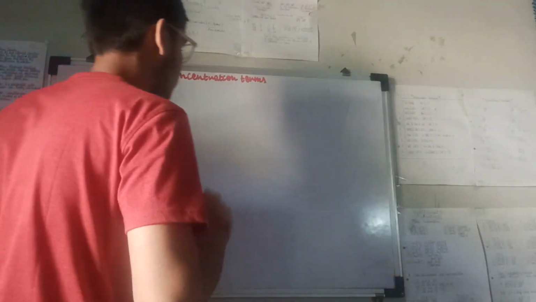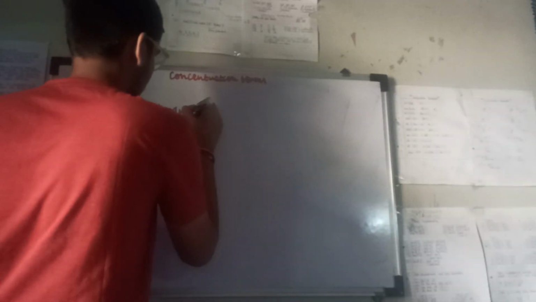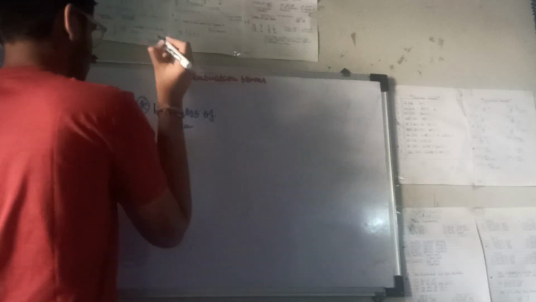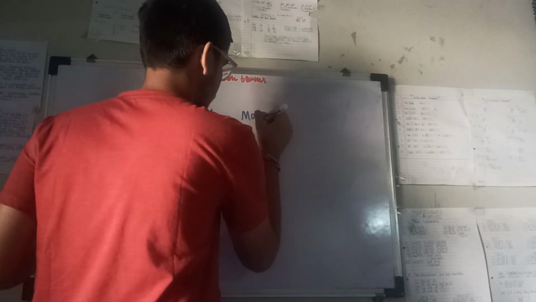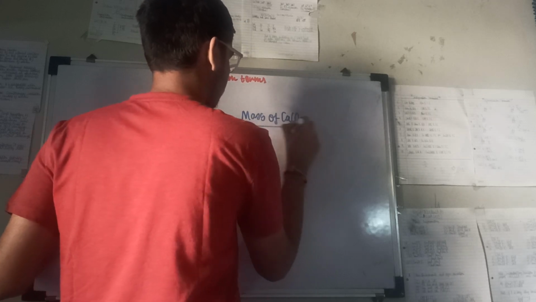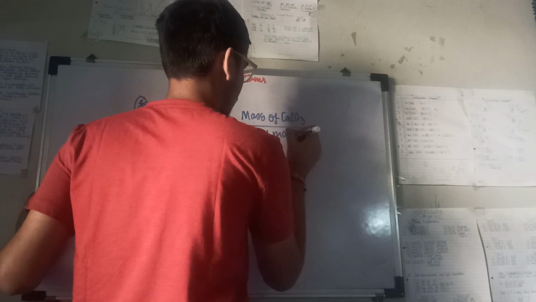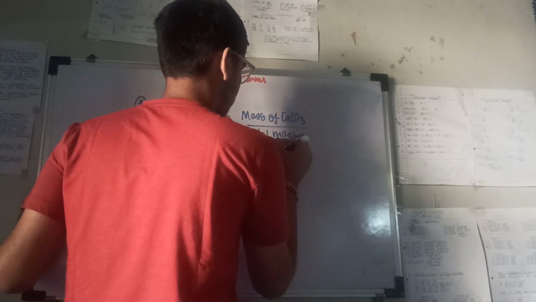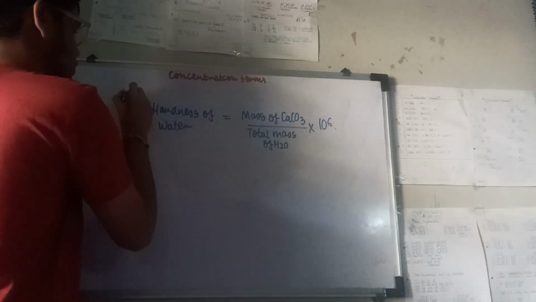So let's deal with hardness. Hardness of water, how we can calculate. Mark it with a star: hardness of water is equal to mass of calcium carbonate by total mass of water into 10 to the power 6.